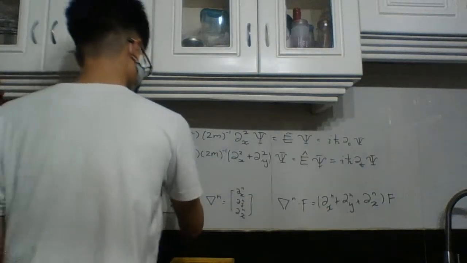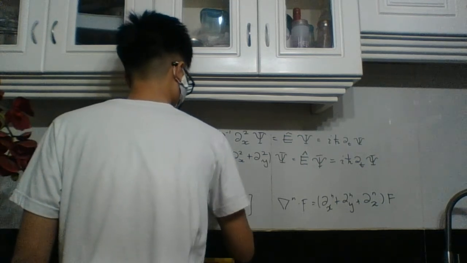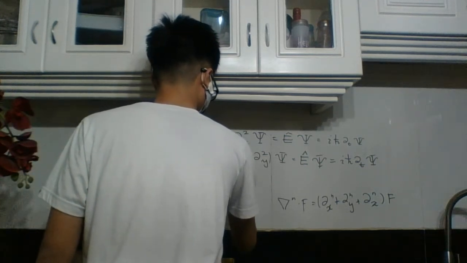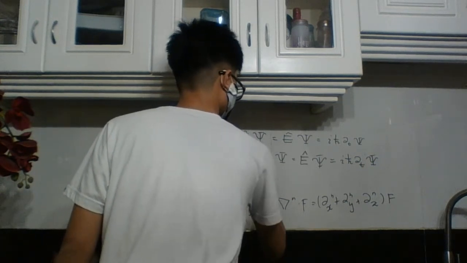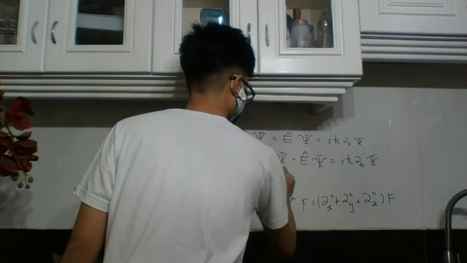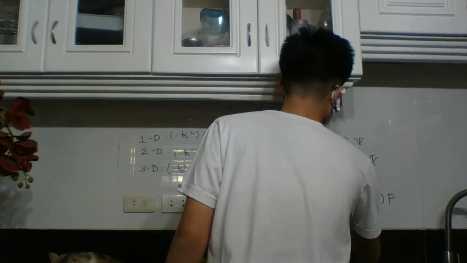And so the three-dimensional case is just minus h bar squared, times the reciprocal of twice the mass, times the Laplacian squared of the wave function, equal to the energy operator, which is i h bar times the temporal derivative of the wave function.